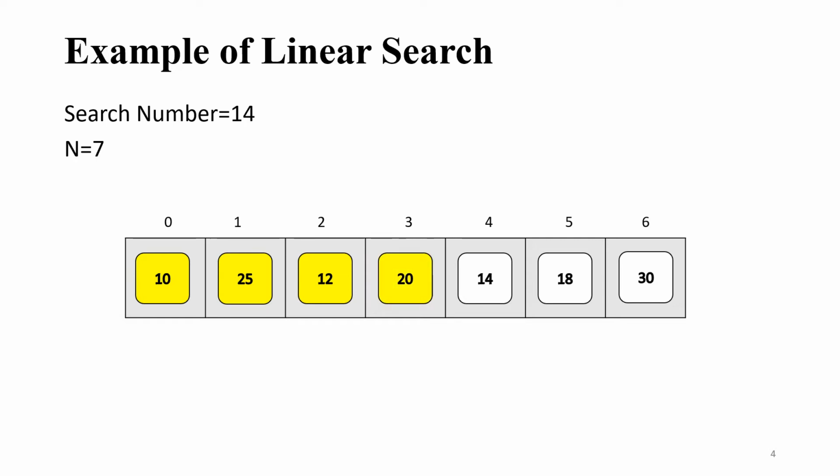So next we got our search element, that is 14. Here our linear search algorithm stops. So I hope all of you understand this linear search algorithm. This is a very simple algorithm. We search elements one by one.